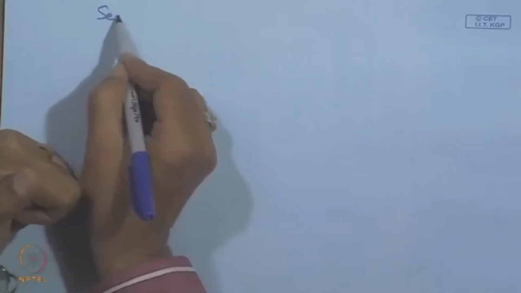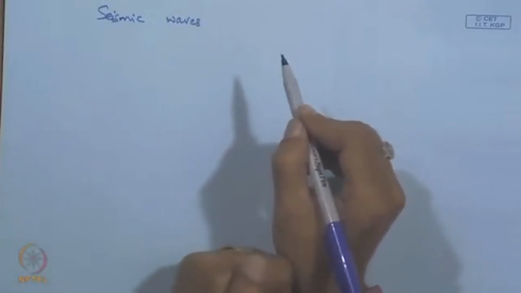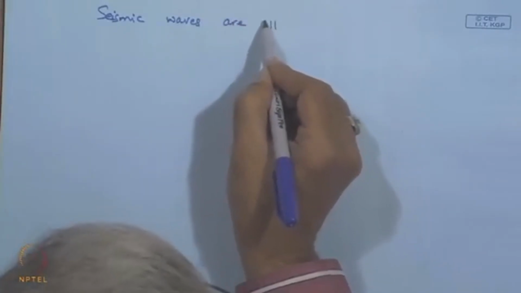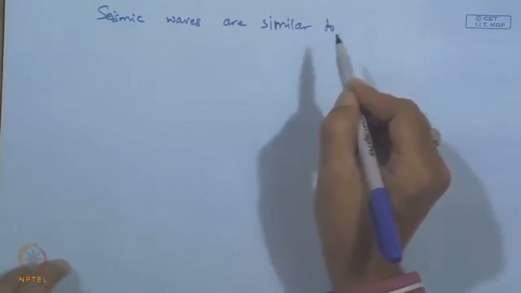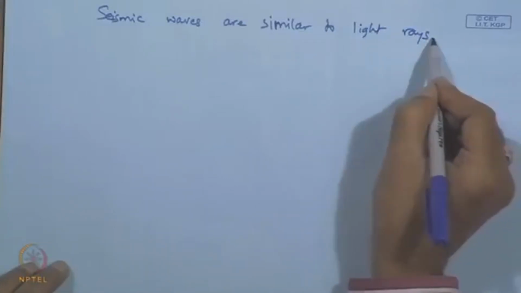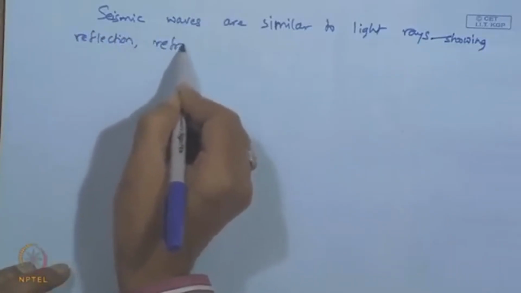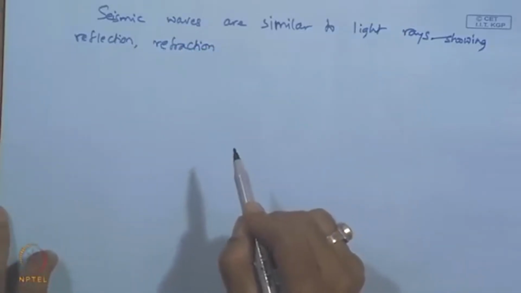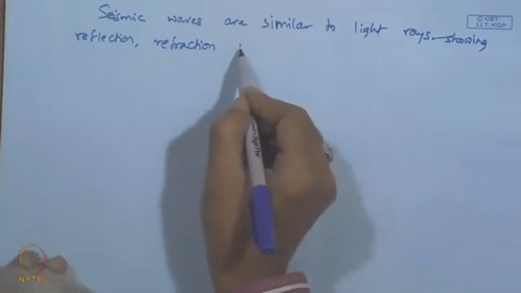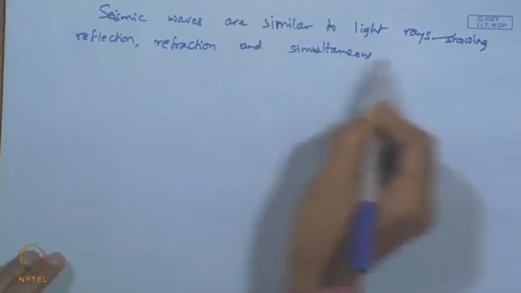Seismic waves are similar to light rays, showing reflection, refraction and simultaneous velocity change.